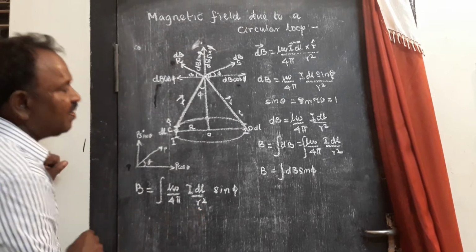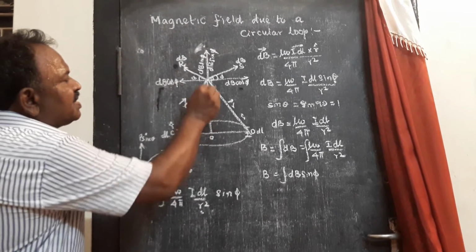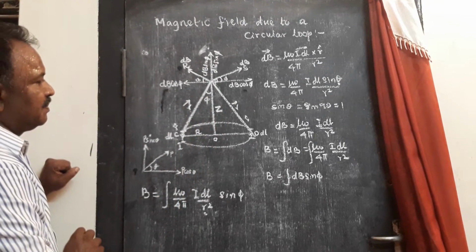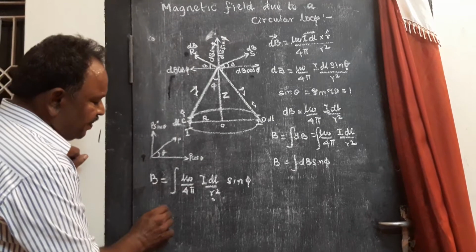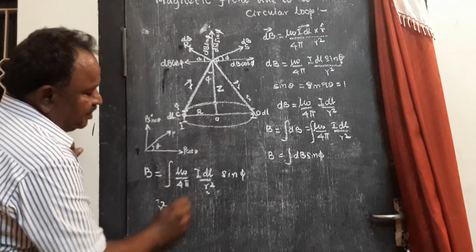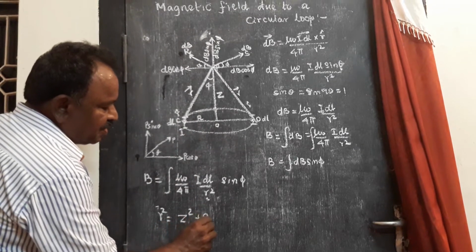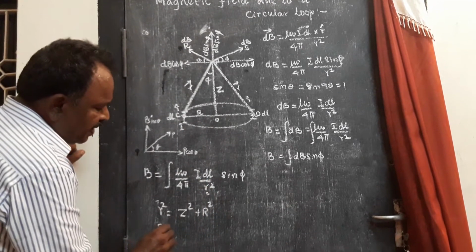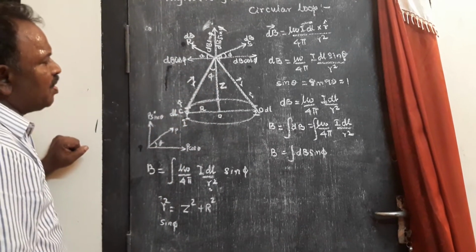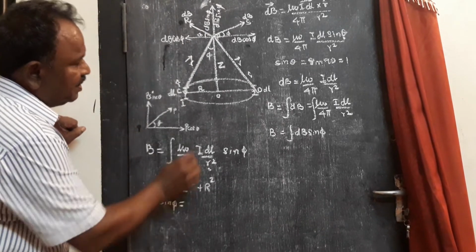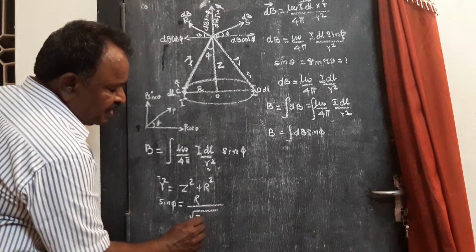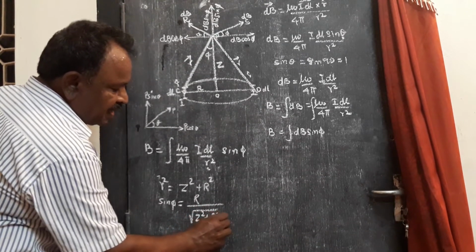But what is the value of r square? If you consider this point at a distance z, we will have r square equal to z square plus R square, and sin phi is equal to opposite side by hypotenuse, that is equal to R by square root of z square plus R square.